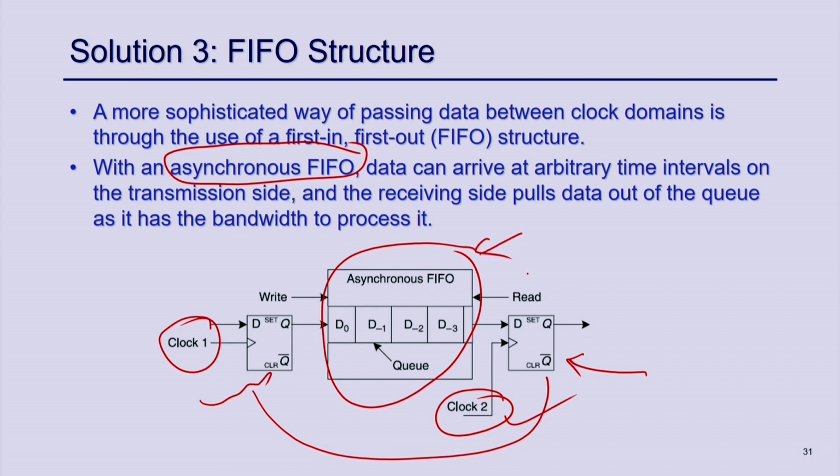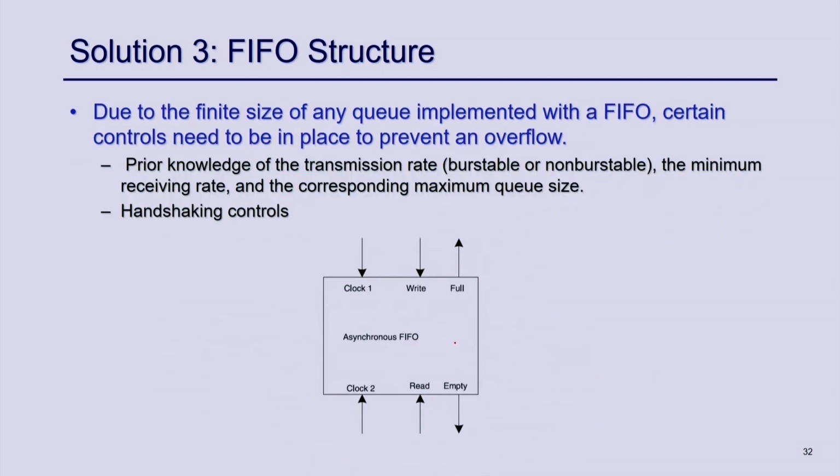But one point has to be taken care of, which is the FIFO size, because you know that if the writing speed is very high and the reading speed is very low, this will become very long, right. And in hardware you have to fix the size, and in the worst case it may cross the size of the FIFO. So, it will overflow, and that means it will create a problem. So, there are two techniques.